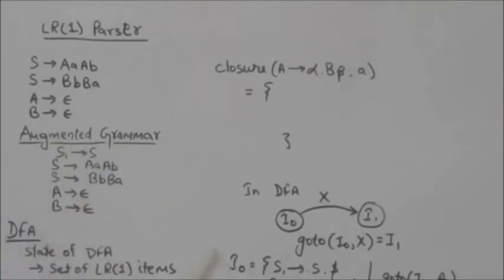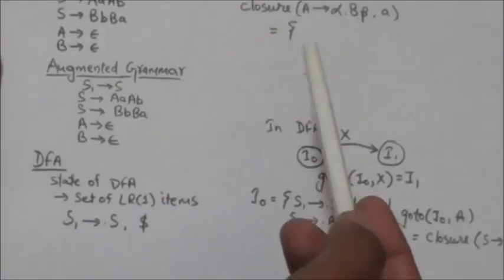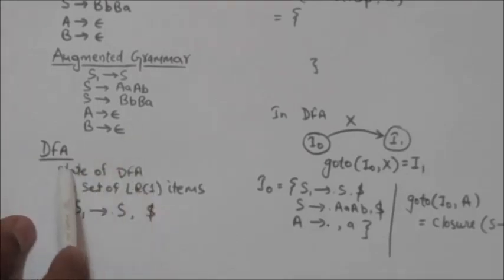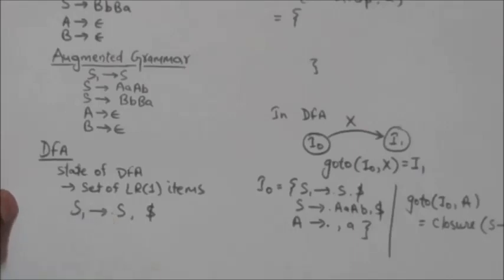As we studied in the SLR1 parser, before constructing the action table and Goto table we had to construct a DFA. In the LR1 parser also, we first construct a DFA, and the states of that DFA will be sets of LR1 items. In the SLR1 parser, the states of the DFA were sets of LR0 items. So what are these LR1 items?